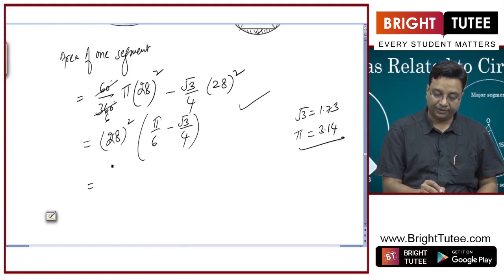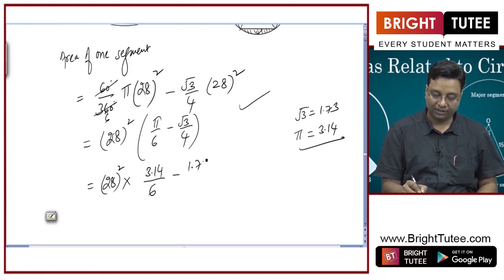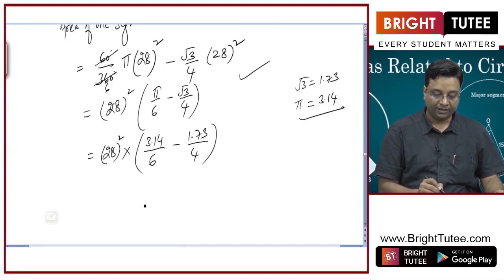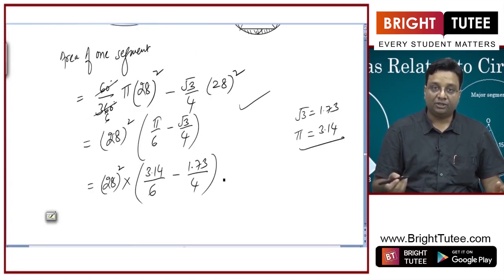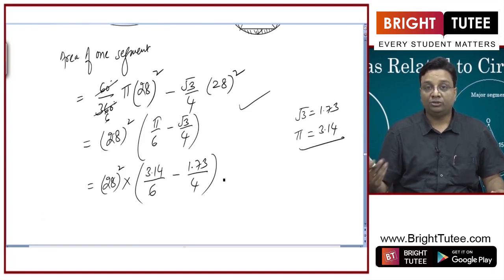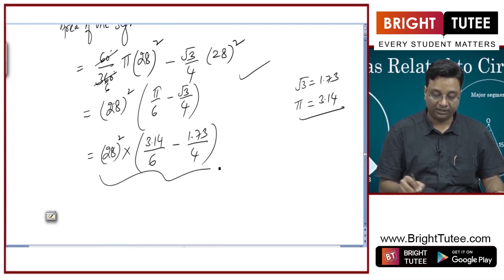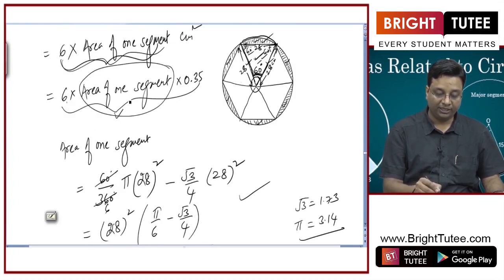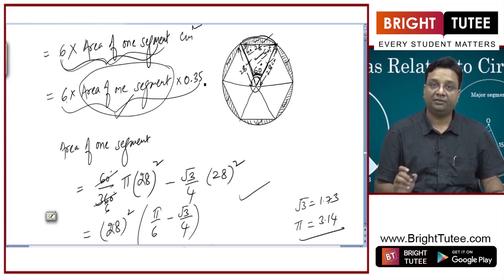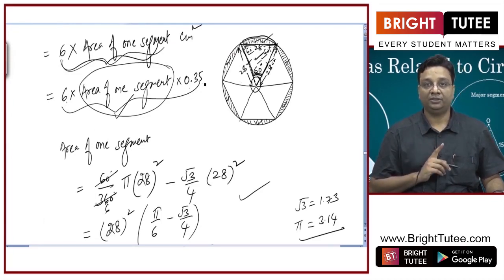So this will be 28 squared into 3.14 by 6 minus 1.73 by 4. Now I am doing the calculation part, but you should do the calculations yourself. So if you calculate the area of one segment, let us say this is the area, you put it here and multiply it by 6 and 0.35, so you will get your answer in rupees.